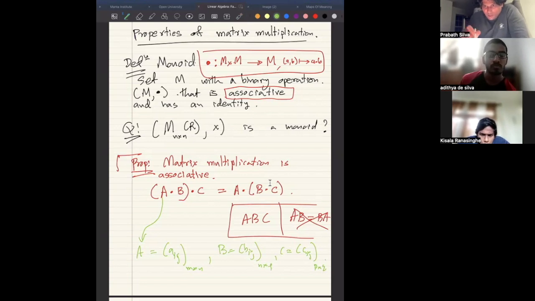Now the A times B makes sense. You can multiply matrix A by B because the n matches here, right? And once you multiply these two, what you get is an m by p matrix, right? And the matrix C is p by q. So when you multiply these two matrices, you will get an m by q matrix. Okay.